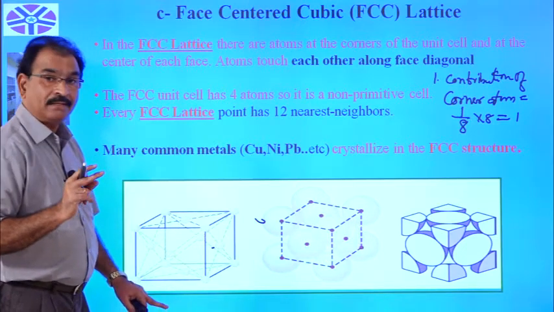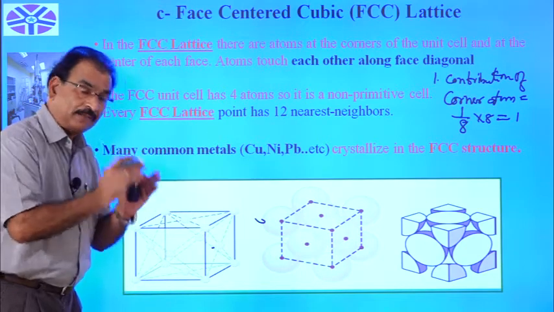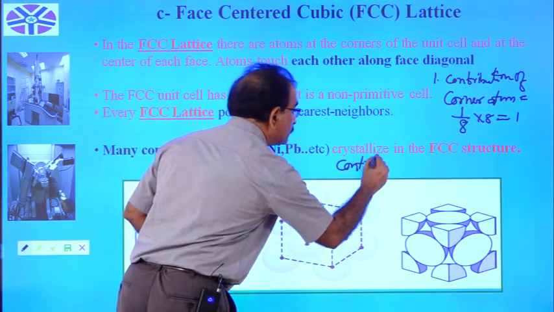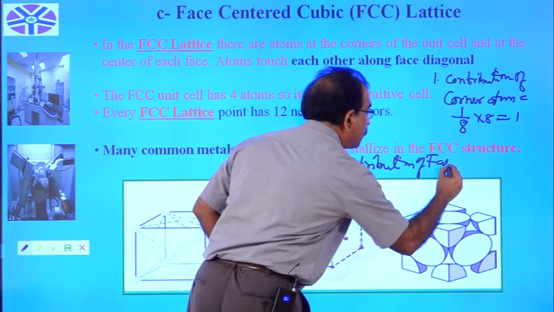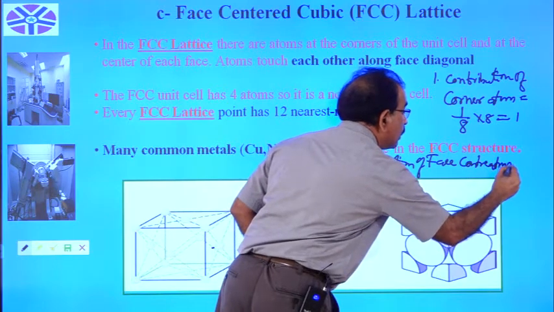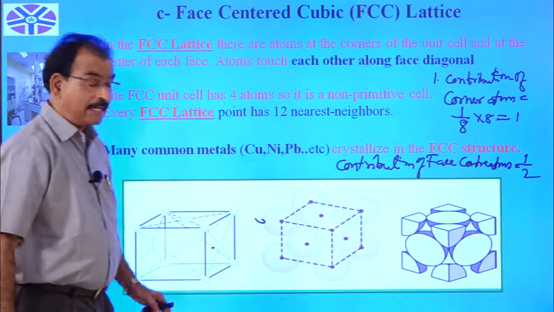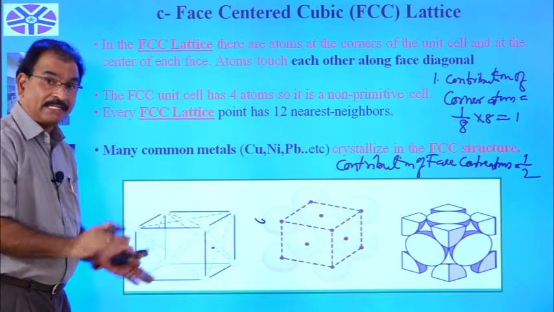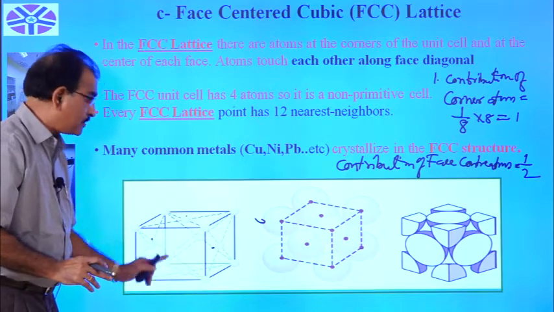That means the contribution of a face center atom to that particular unit cell is 1/2. Like that, how many face center atoms are there? 6. 1, 2, 3, 4, 5, 6.